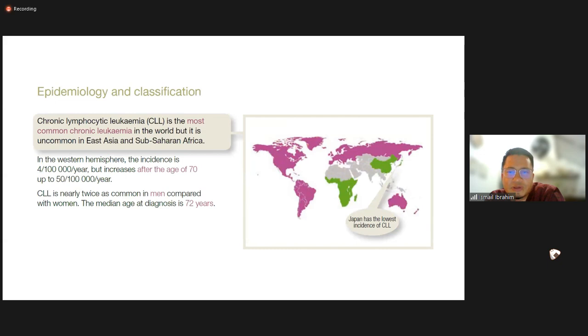So it's very much considered to be a Western Caucasian disease, but I think until recently we have diagnosed quite a bit in our region. We may not really have good data to say that it is not our disease. I think the more tests that we do, we tend to diagnose more.